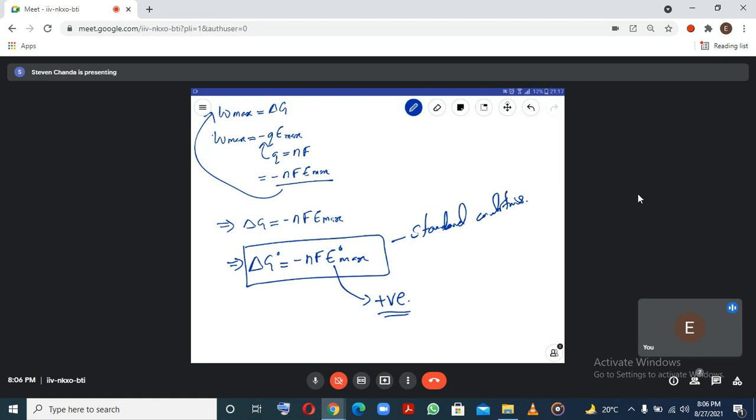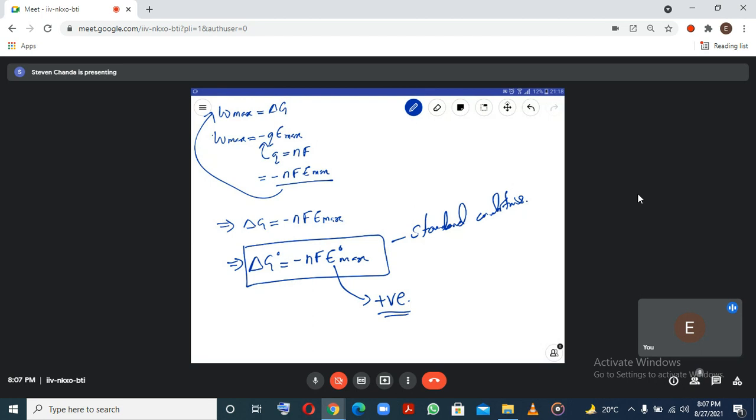The Faraday's constant is positive, the number of moles is positive, but there's a negative in front, right? So when the cell goes in that direction, your change in free energy is going to be negative, and that is a condition for spontaneity. It means that this cell can progress and is spontaneous.